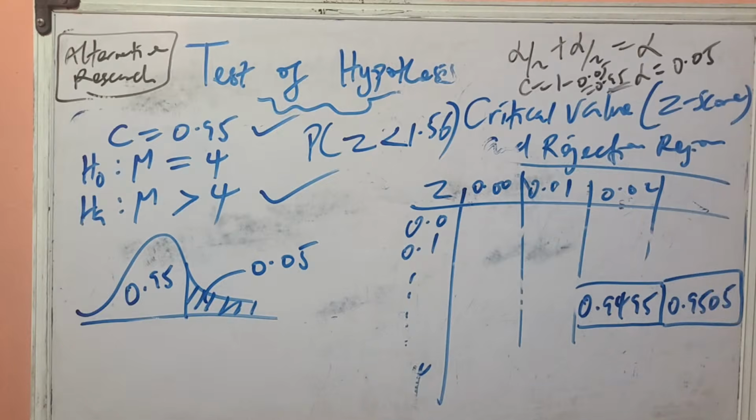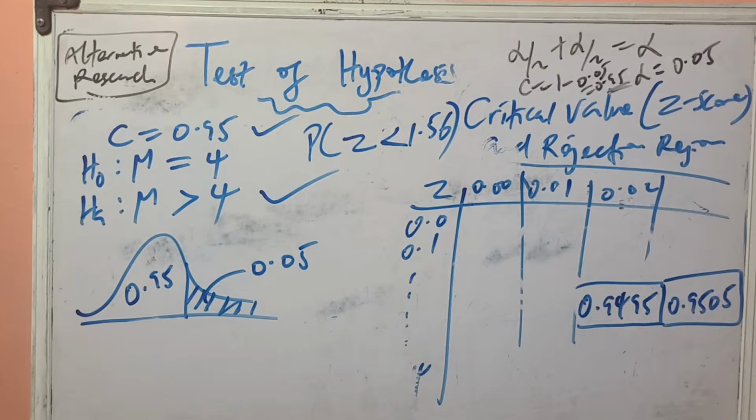Look at what's going on right here. Somebody is saying 0.9599, which is quite far from 0.95. So 0.9495 and 0.9505 are the closest to 0.95.